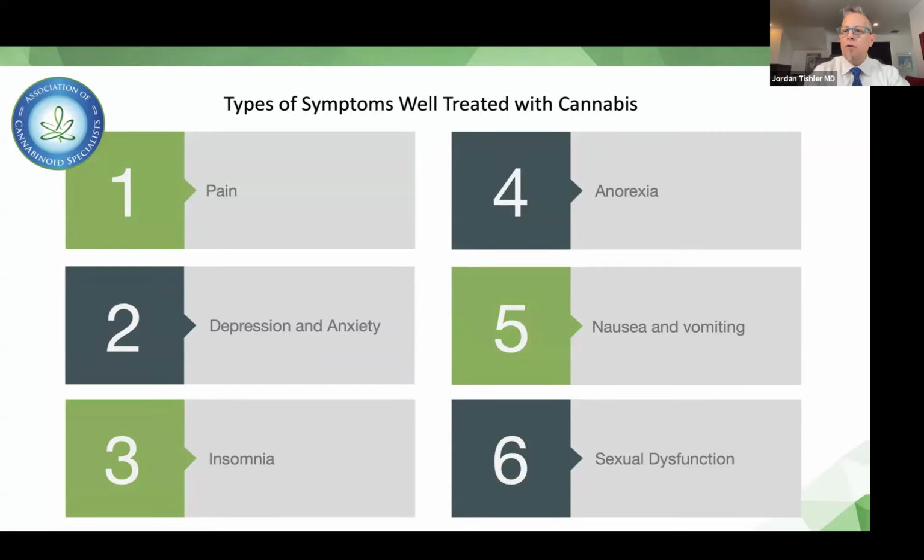This slide is about symptoms, right? And almost all of these symptoms apply in this situation where we're talking about cancer, right? So we've got pain. What we know about cannabis and pain is that it is a reasonably good, not brilliant treatment for pain.